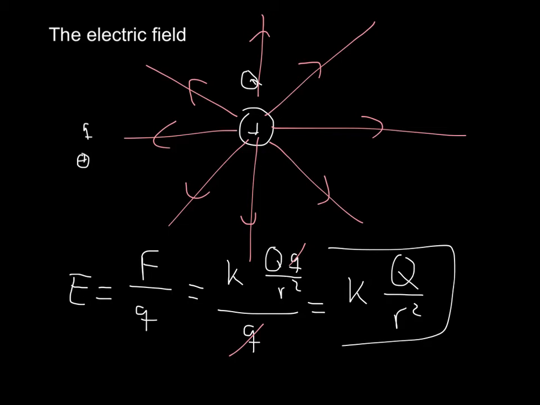So this tells me that if I have a charge Q here, and I want to know how much force per unit charge another charge is going to experience here, then all I need to do is plug in these three numbers, and it will tell me, well, this charge will experience 2 newtons per every coulomb that you put here. What's this thing, we call it the electric field strength, because it tells us how strong the electric field is at a certain position. So let me just write that down. So this is the field strength.